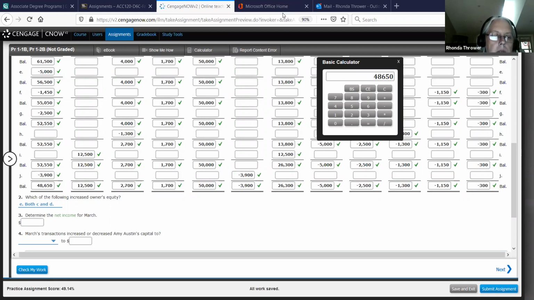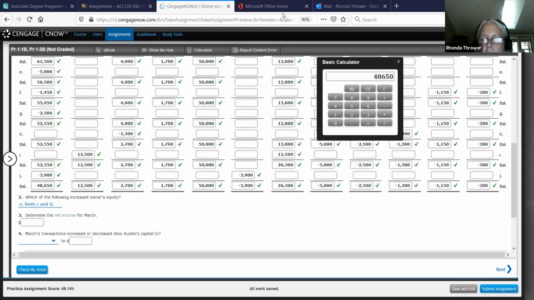And so rent expense, salary expense, supplies expense, automobile expense, and miscellaneous expense are all expenses that this company had. These amounts came from the ending balance.